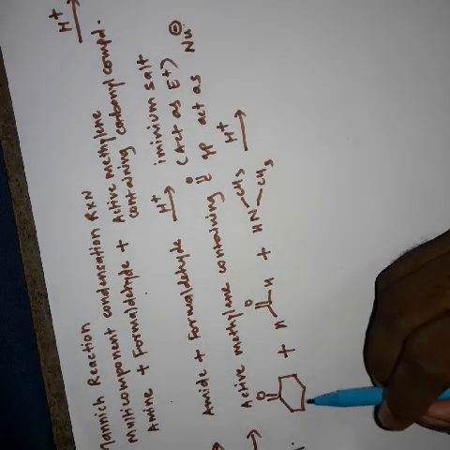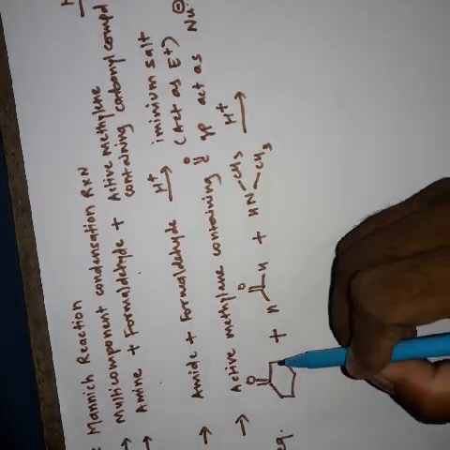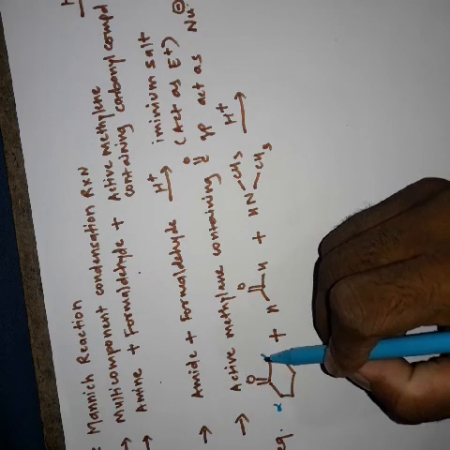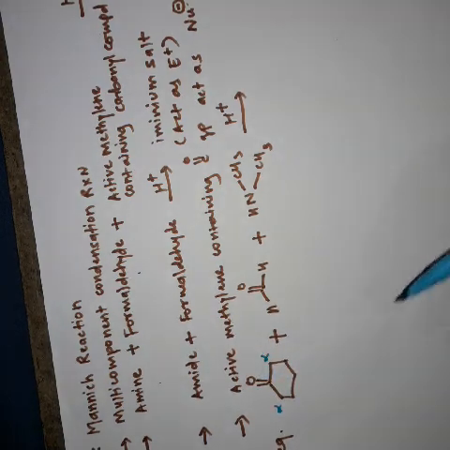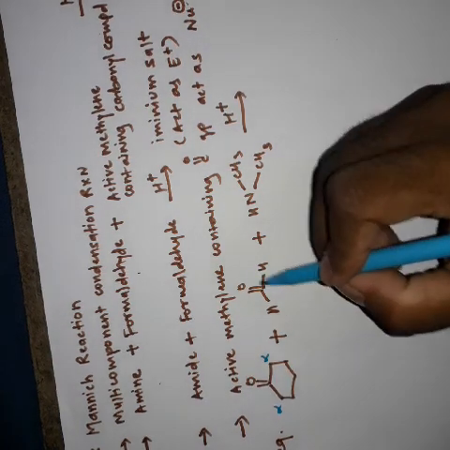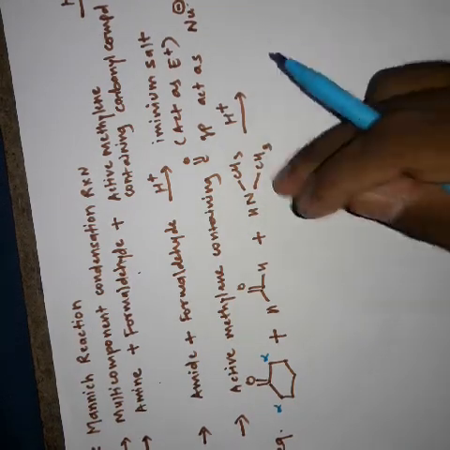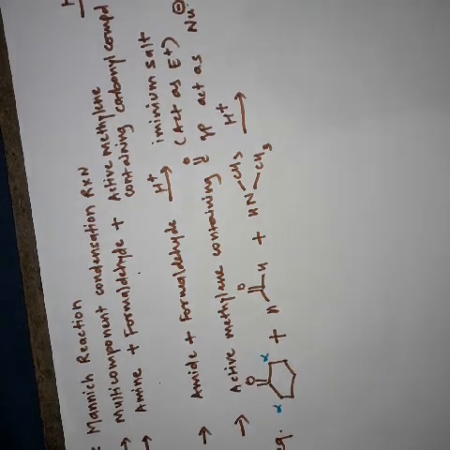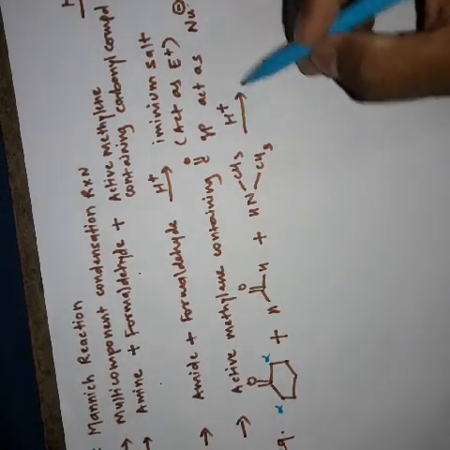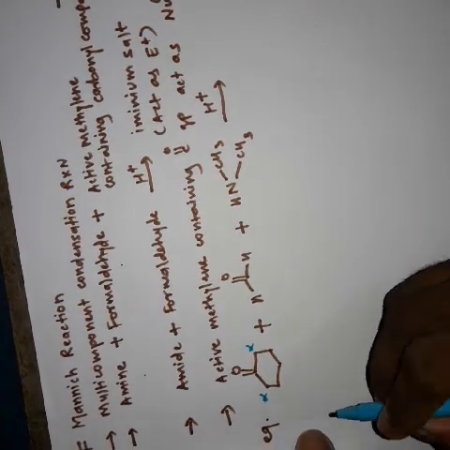Now we have an active methylene compound, because these two alpha positions are active because of this carbonyl group, which acts as an electron withdrawing group. So this hydrogen and this hydrogen are both acidic in nature. Now this is our formaldehyde and this is our base, amine basically. If the setup is like this, we need to think about the Mannich reaction, and the condition is acidic. So now let us see the mechanism.